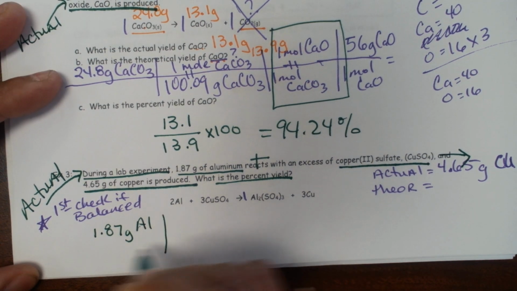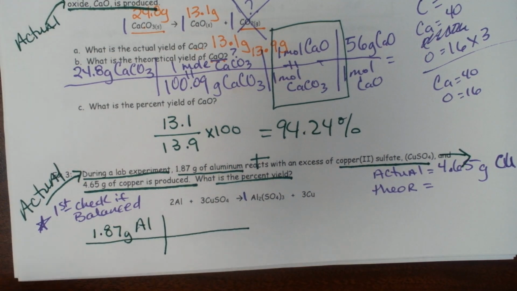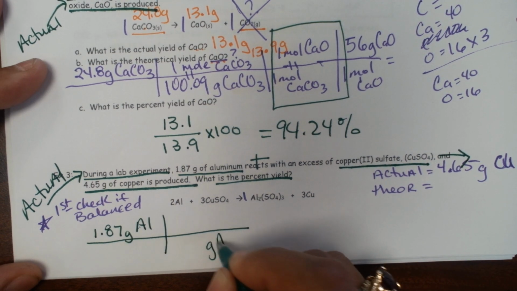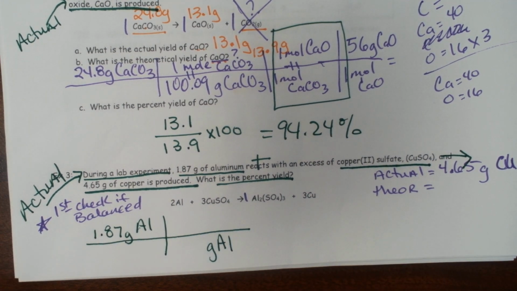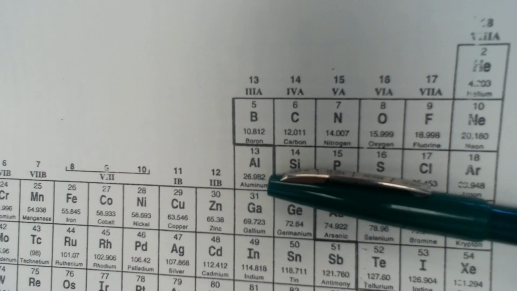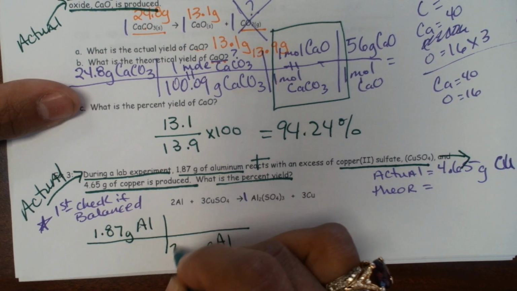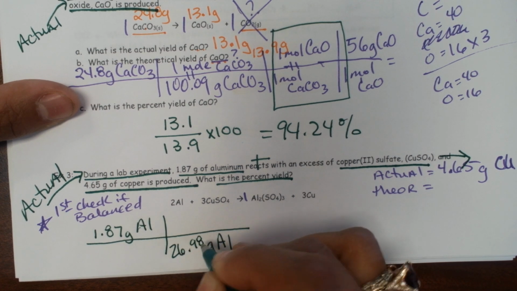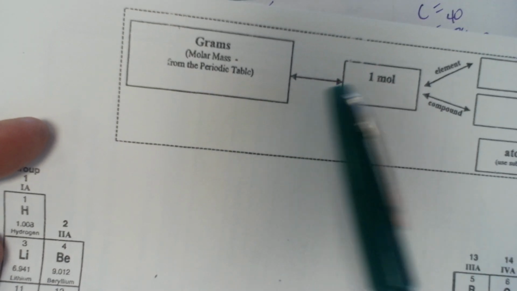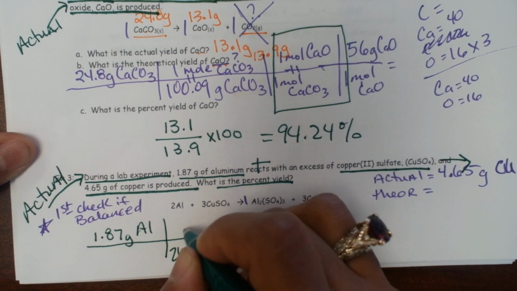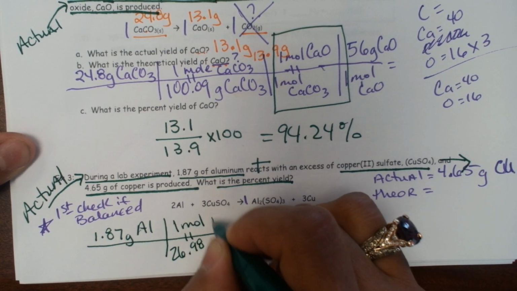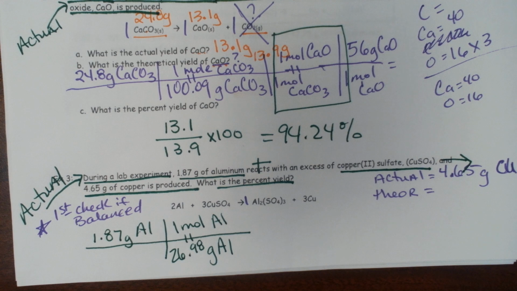Now, if I have grams of aluminum at the top, I have to have grams of aluminum at the bottom. Periodic table, aluminum is in group 13, 26.98. From this chart, the molar mass equals 1 mole of aluminum. Now, I'm not looking for aluminum.